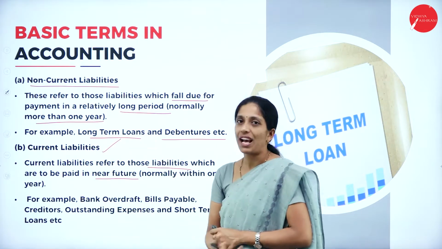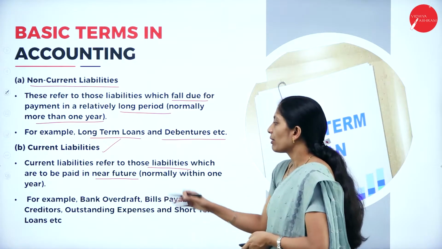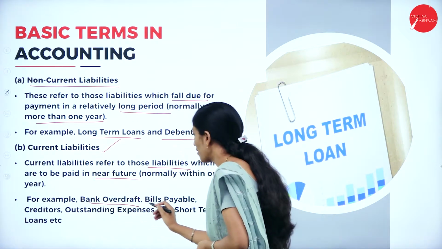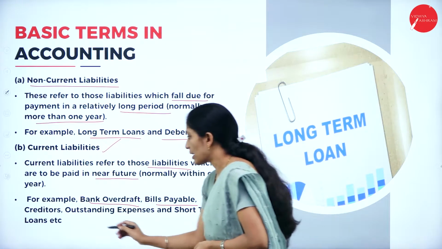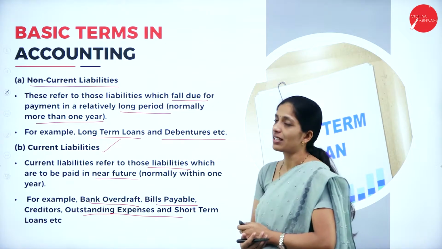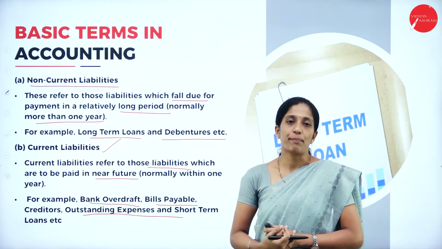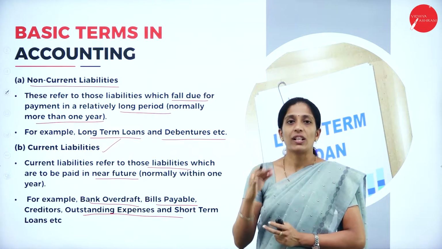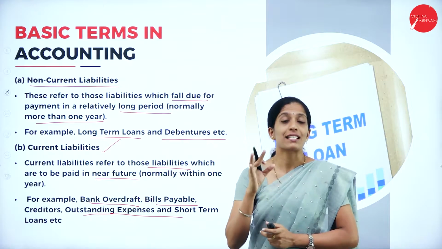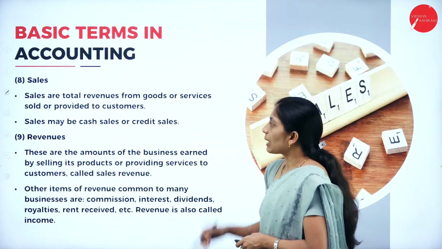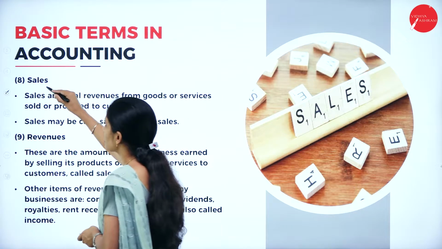So they are termed as current liabilities. For example, bank overdraft, bills payable, creditors, outstanding expenses and short-term loans, etc. These are the best examples for current liability where the duration is very short, that is less than 1 year.